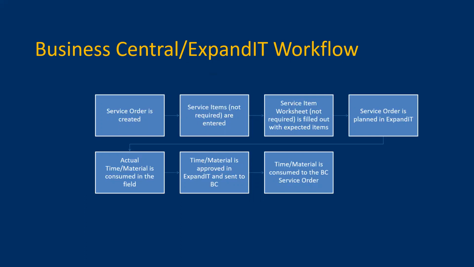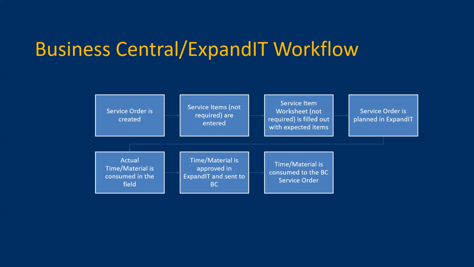Then the service order is planned in ExpandIT. The field consumes the time and materials, and then the time and material is approved. At that point, the data is sent back into Business Central, and then time and material is consumed to the Business Central service order. So that's the overall workflow, and we'll go deeper into detail for that.